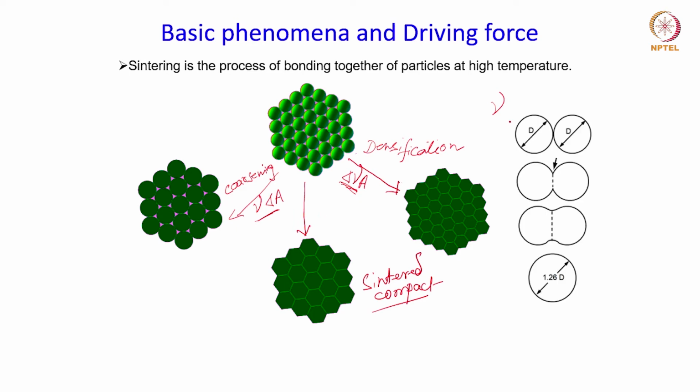Here this is demonstrated with just two particles, both having equal diameter d. So this is the contact which has formed during compaction, and as the compact is sintered, a neck will form in these contact points, and as the sintering proceeds, this neck will grow, and as it grows, the solid vapor interface will be replaced by the solid-solid interface, which means that the grain boundaries will replace the solid vapor interfaces.